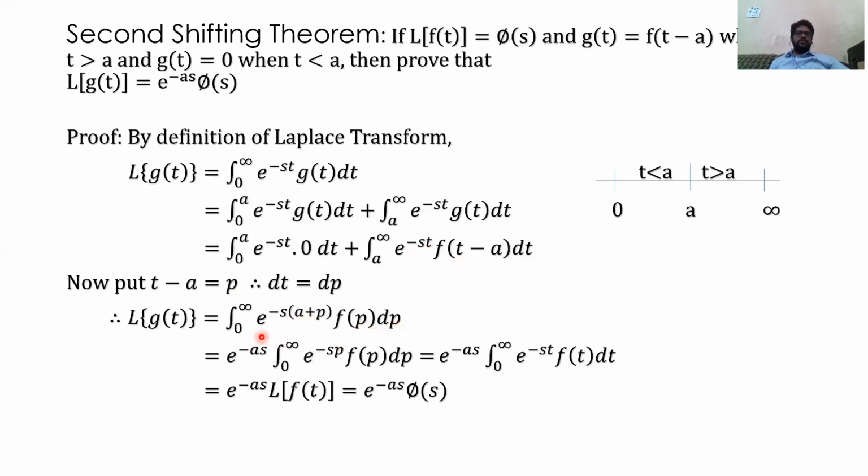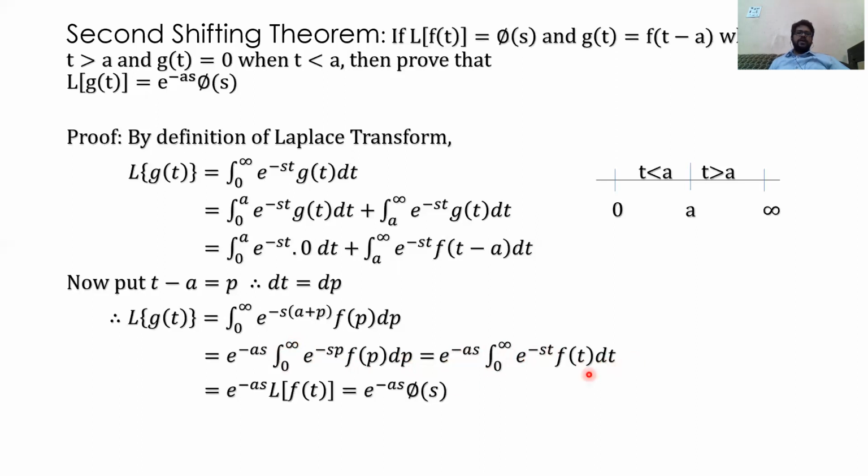Now this exponential part we solve by the law of indices: e raised to minus sa into e raised to minus sp. Take e raised to minus sa outside the integral, and then the integral from 0 to infinity of e raised to minus sp f of p dp.